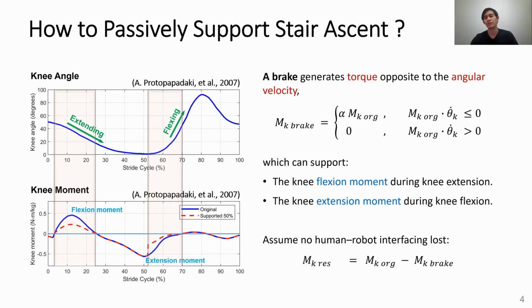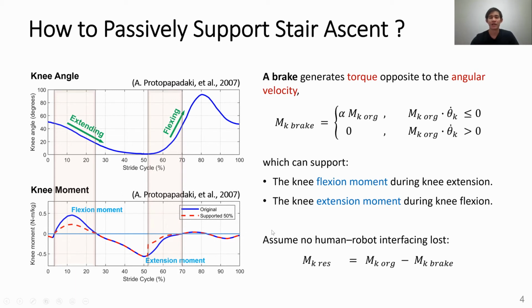So we make the assumption of no human-robot interfacing loss, which means that the original knee moment can be directly subtracted by the supporting knee moment from the brake, so that we can estimate the resultant knee moment as the dashed line. But in real applications, we may have some effect of the interfacing loss.